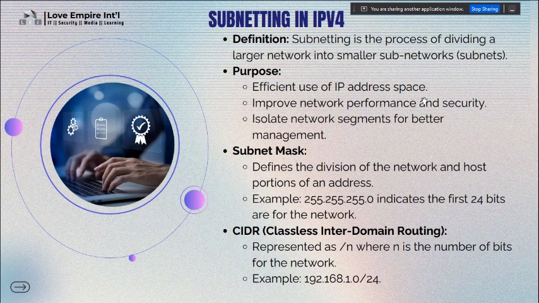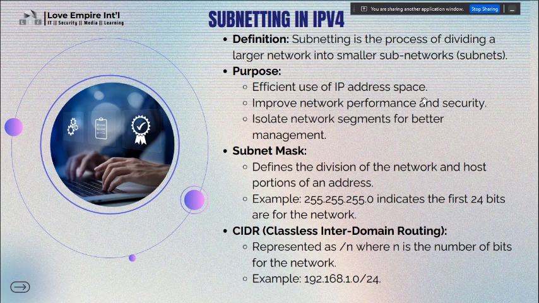instead of writing this long subnet of 255.255.255.0, what they do, after writing the IP address, you just put a slash and then you put a number behind that slash. So it is that number that will now tell you the subnet of that IP address.